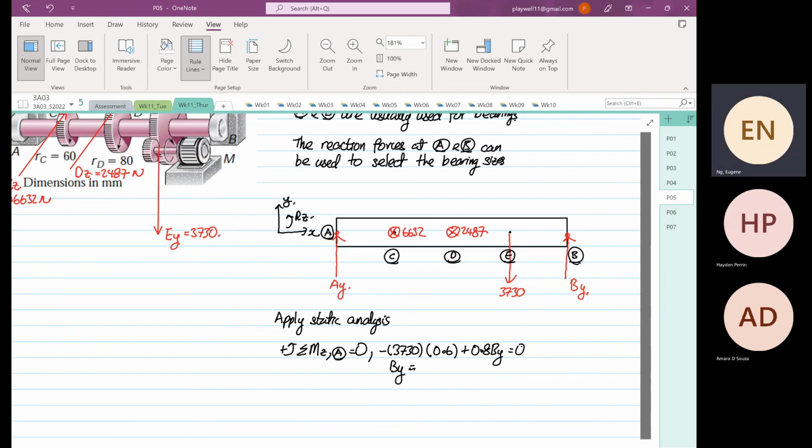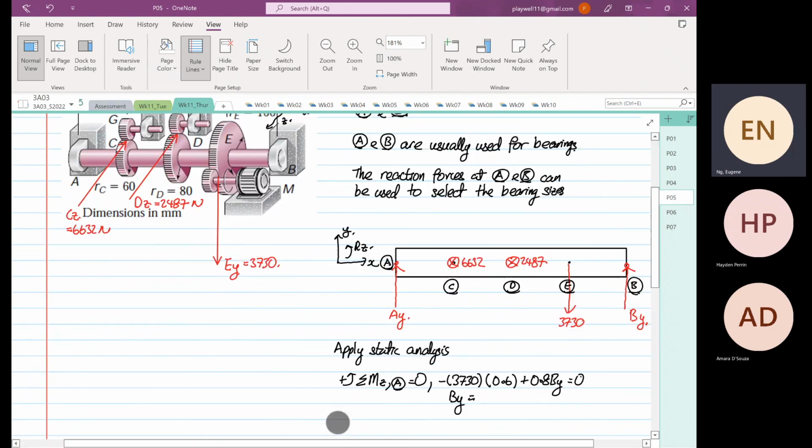Hold on. Am I doing this correct? So 3730 times 0.6 divided by 0.8 is equal to 2797.5, or 2798 Newton.